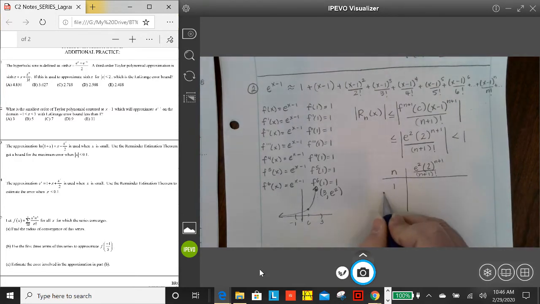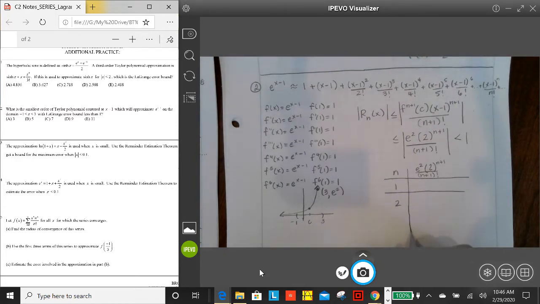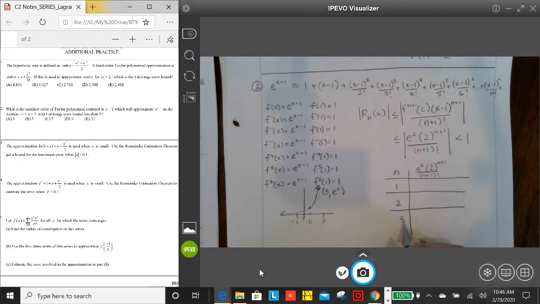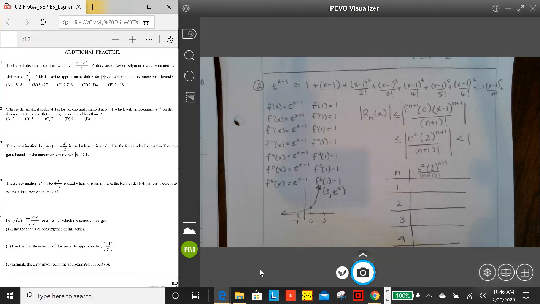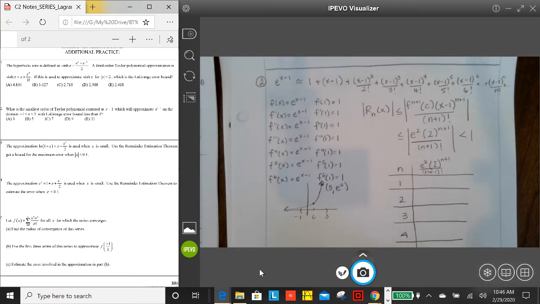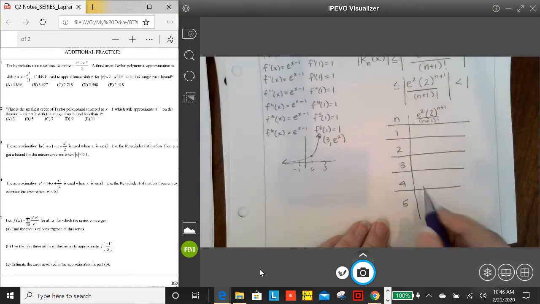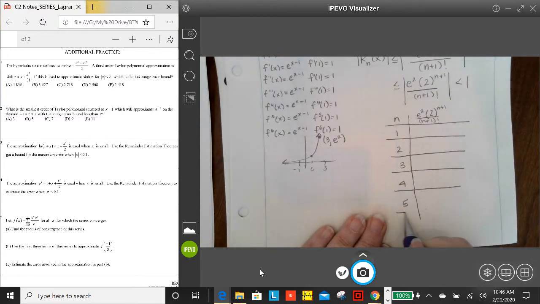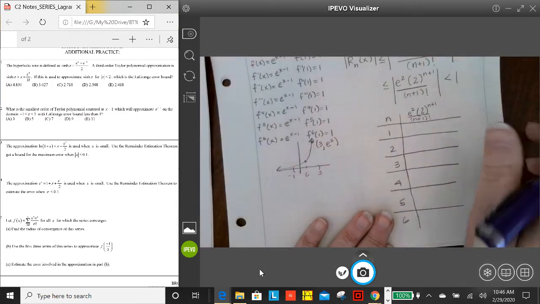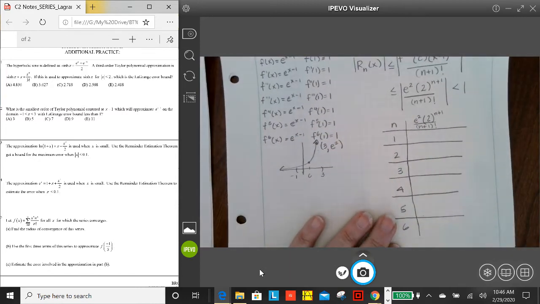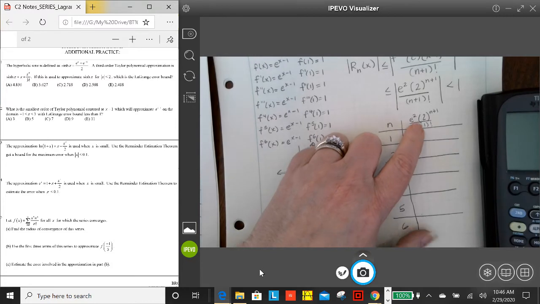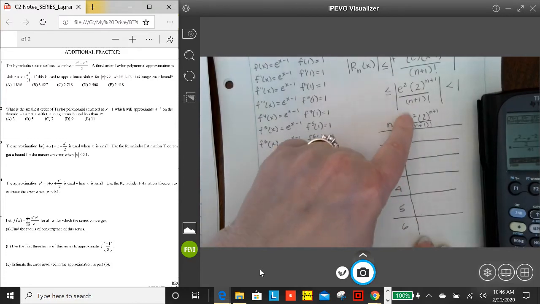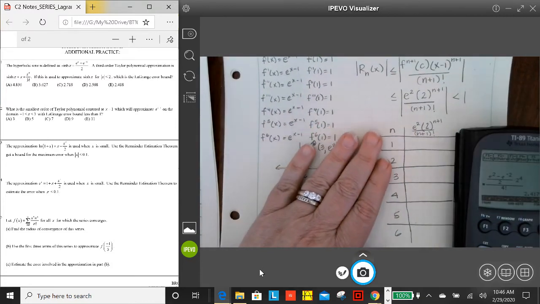Because we could say n is 1, n is 2, n is 3, n is 4, 5, and then, oops, you can't see it. I'm sorry, I'll get it on the screen. N is 6, because that's how many I have. And I could go further. It wouldn't be that hard to go further, because this nth term applies to whatever the degree is.